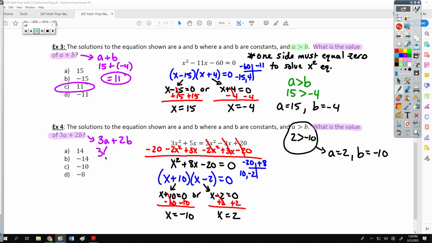So that's 3 times 2 plus 2 times negative 10, or 6 minus 20, which would be negative 14. The answer is B.